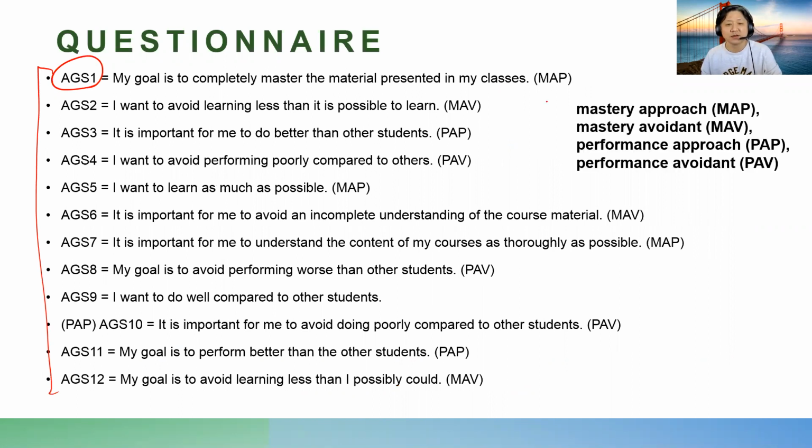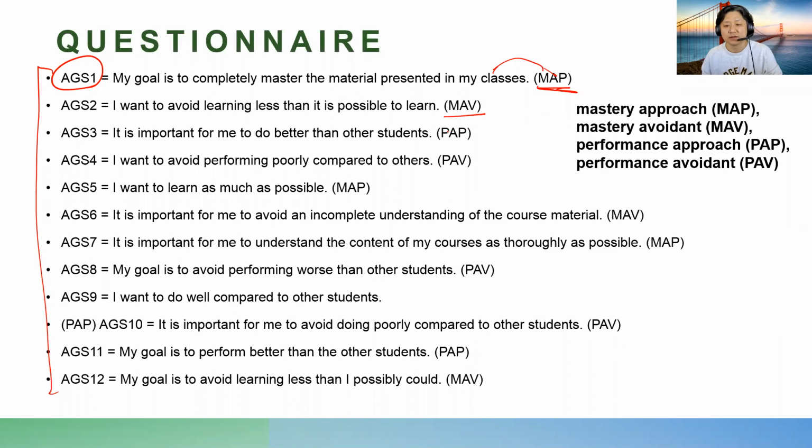This item was written to measure mastery approach. The second item: I want to avoid learning less than it is possible to learn. This item was written to measure mastery avoidance.